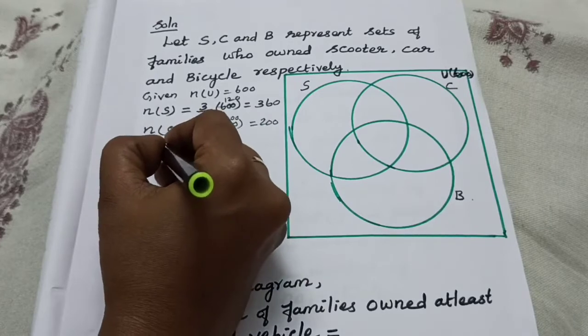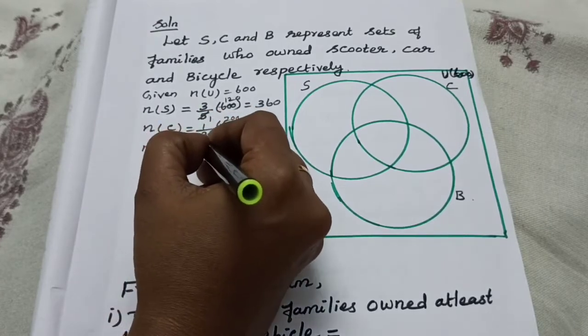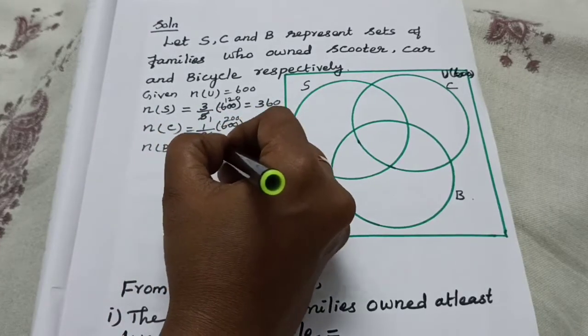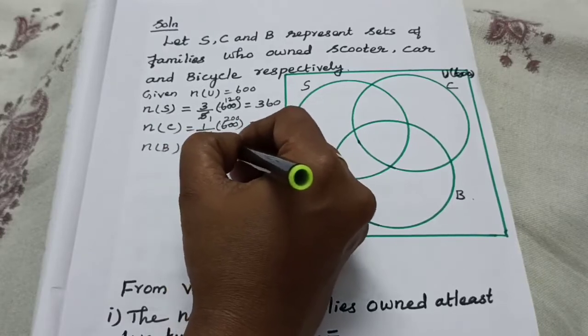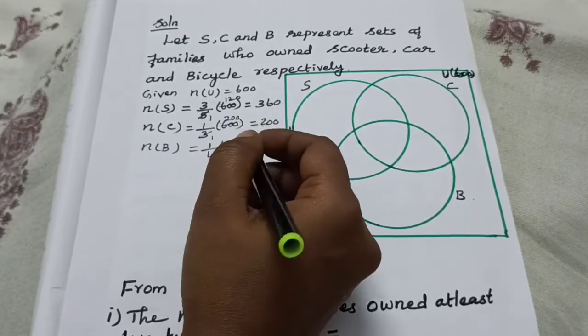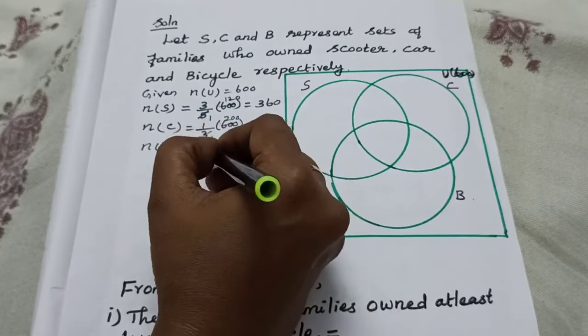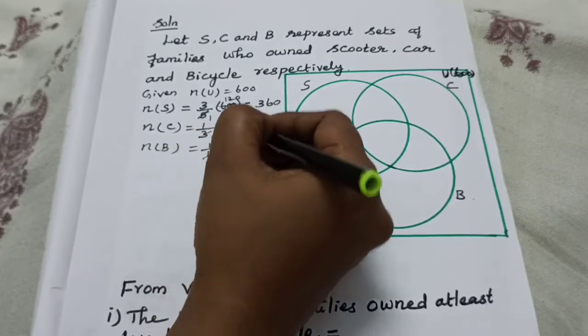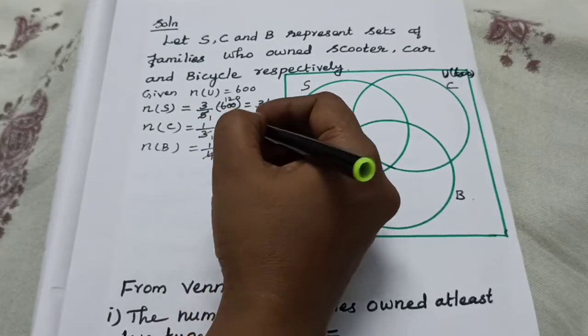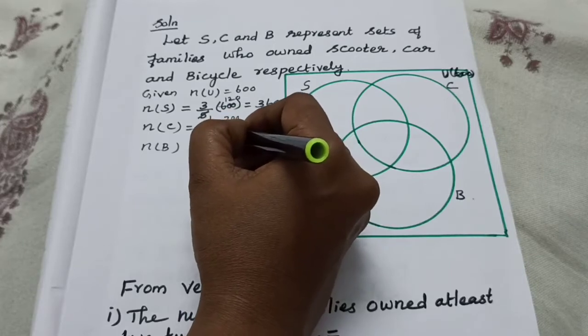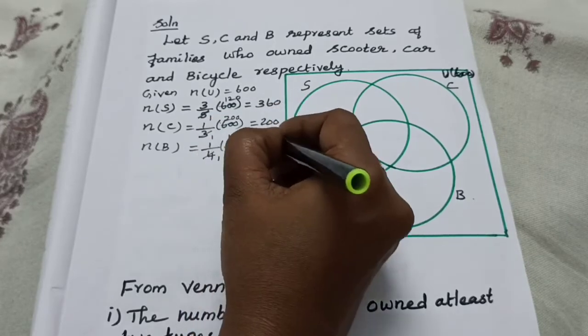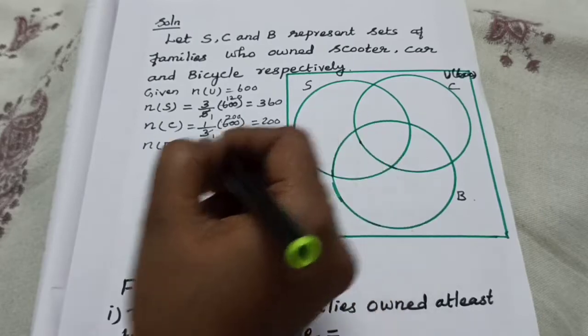Then n of B. What is given? 1 by 4th of 600. How can we cancel this? 1 4 is 4, here 5 0, then cancel, 150 we will get.